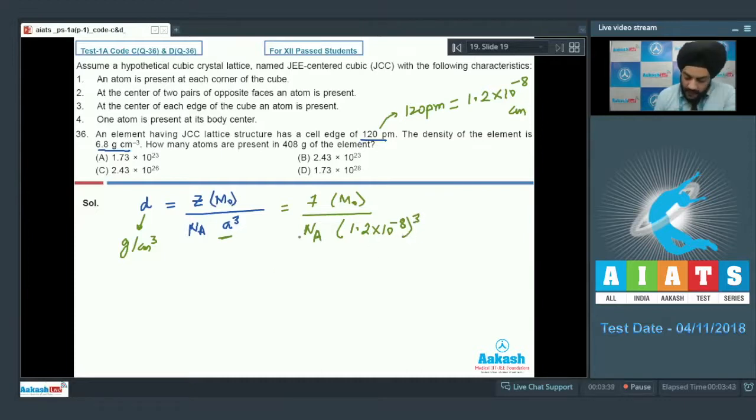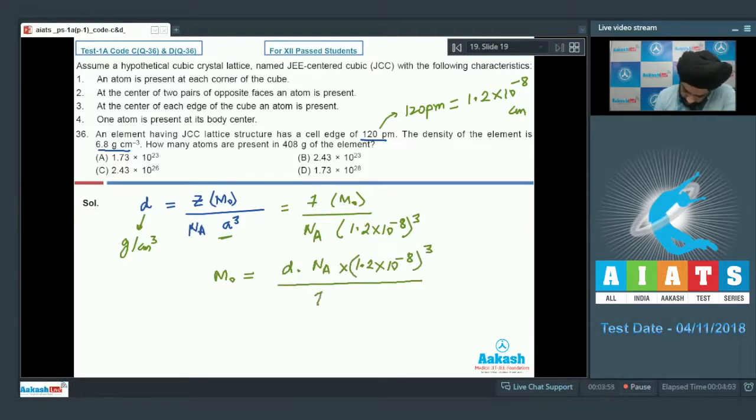So from here we can find out the value of m naught, which is the molar mass. So molar mass is equal to D into Na into 1.2 into 10 to the power minus 8 cube upon 7. So we can find out the number of moles present in 408 gram of the element. So N is equal to 408 upon the m naught value.